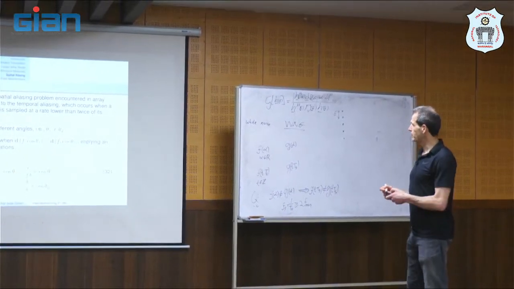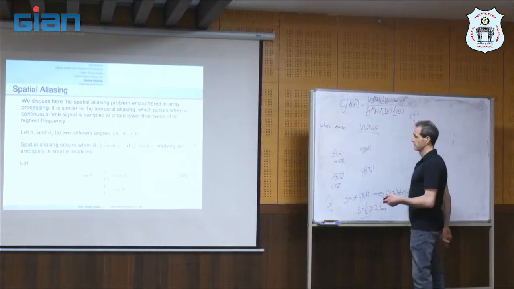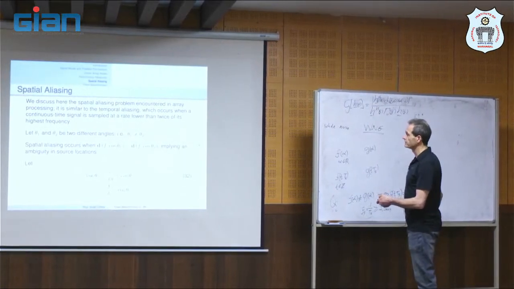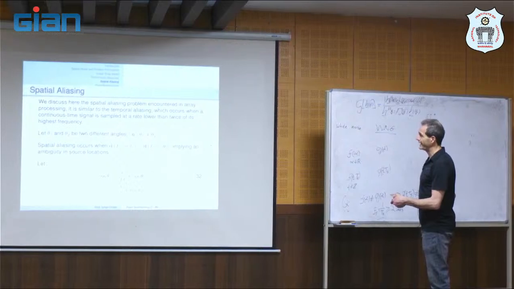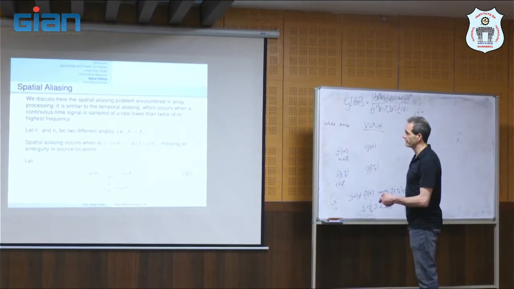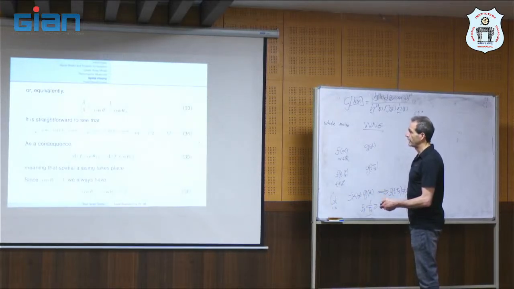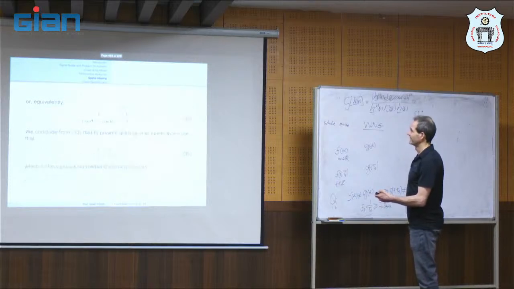So for uniform linear arrays, this is achieved. We require that for any two directions that are different, the steering vector will be different. This is achieved by requiring that delta divided by lambda is smaller than half.